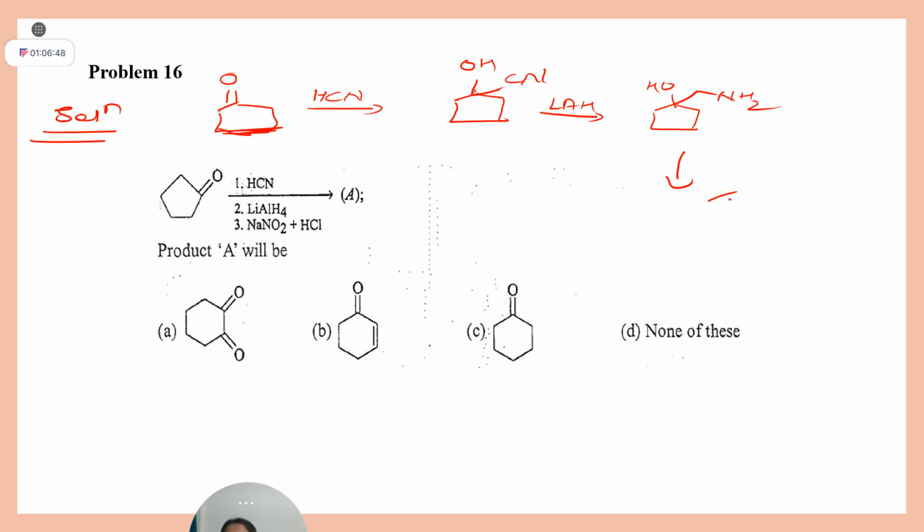After diazotization, students, this is a very beautiful problem comprising name reactions and reducing agents. OH, and this is your N2 diazonium chloride, right? Now I'm writing so that you can understand.